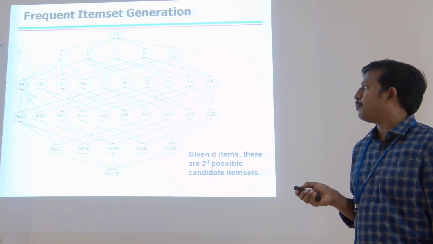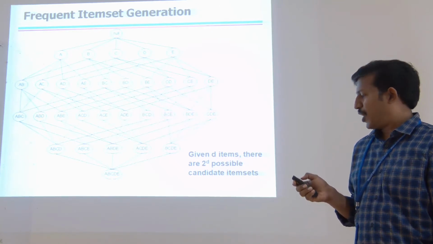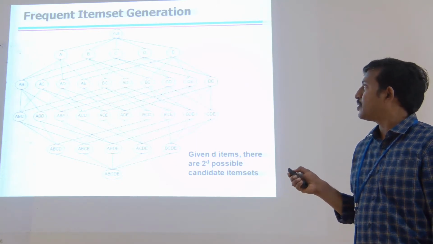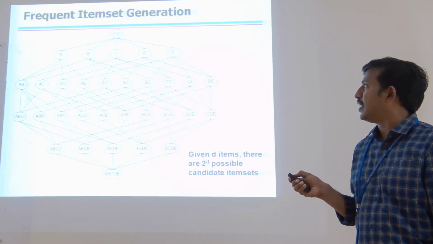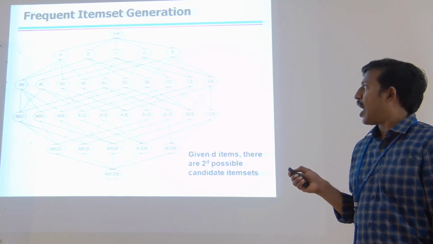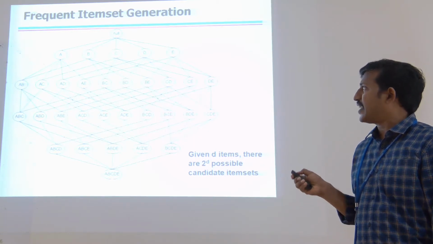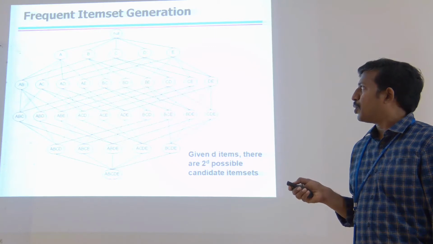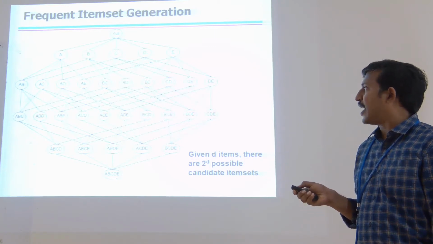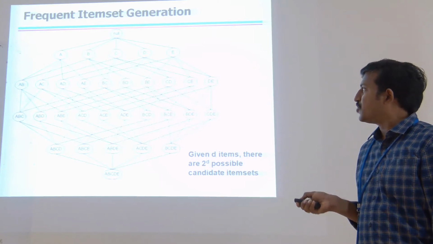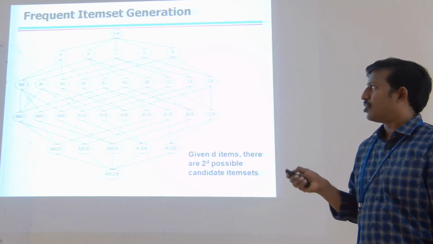Let us take an example. In this example, we have 5 items called A, B, C, D, E, and if we construct a lattice to obtain all the possible candidate item sets, this will be the resultant structure.